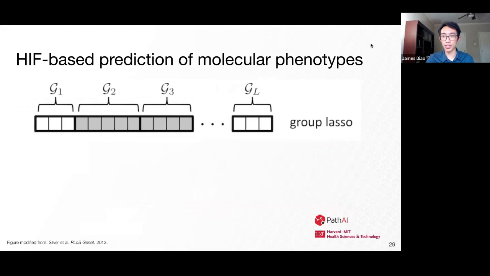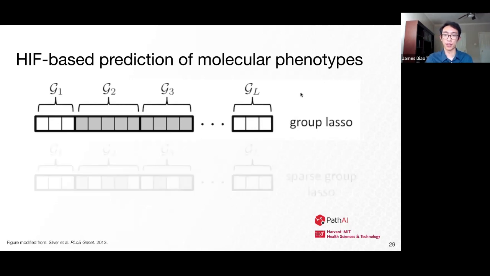So the way we did this prediction is we wanted to keep it simple with a linear model, but we also wanted to account for the really extensive correlation between the different covariates that we have in our HIFs. So one way to do so would be a group lasso, where you select for different groups. So maybe some clusters are just completely meaningless and we want to drop them as a whole.